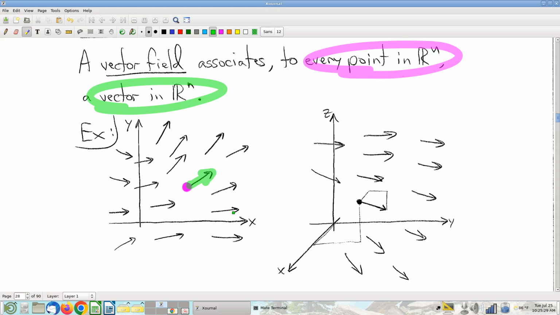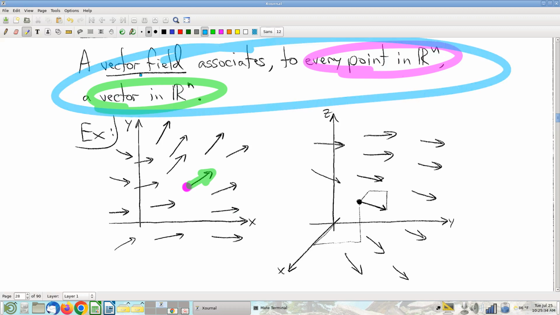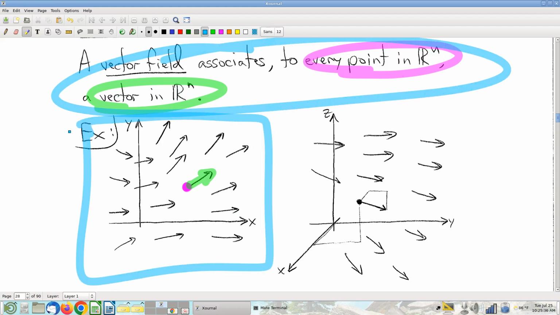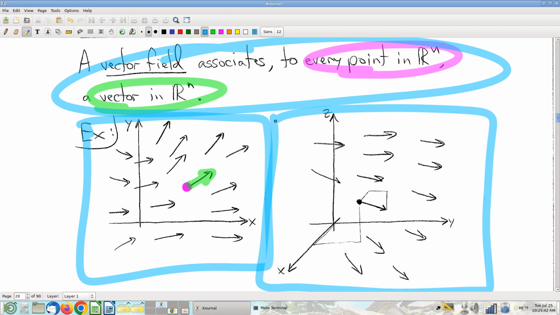And so you do that everywhere, right? For every point there's a vector, you do that everywhere in the plane, and you'll end up with something that looks kind of like this. Or if you do that in three-dimensional space, then you'll end up with something that looks kind of like this. Again, for every point, now this is a point in 3 dimensions, you can see, for example, that it's got x, y, and z coordinates.